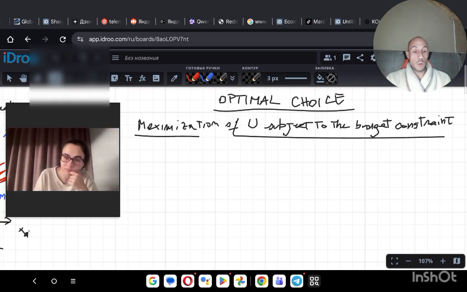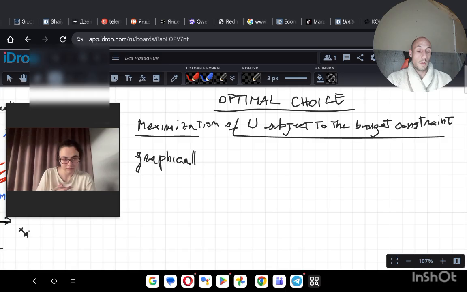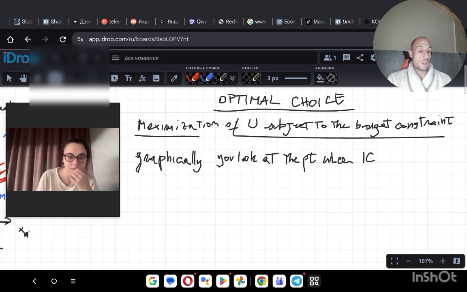How does it look graphically? You look at the point where the indifference curve is tangent to the budget constraint, or the budget line.